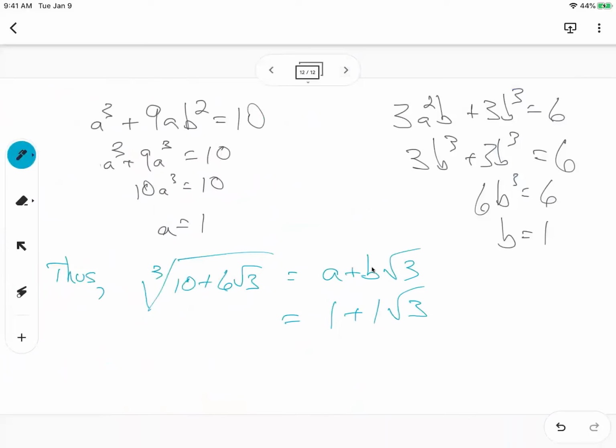So I know that the cube root of 10 plus 6 root 3 equals 1 plus 1 root 3.